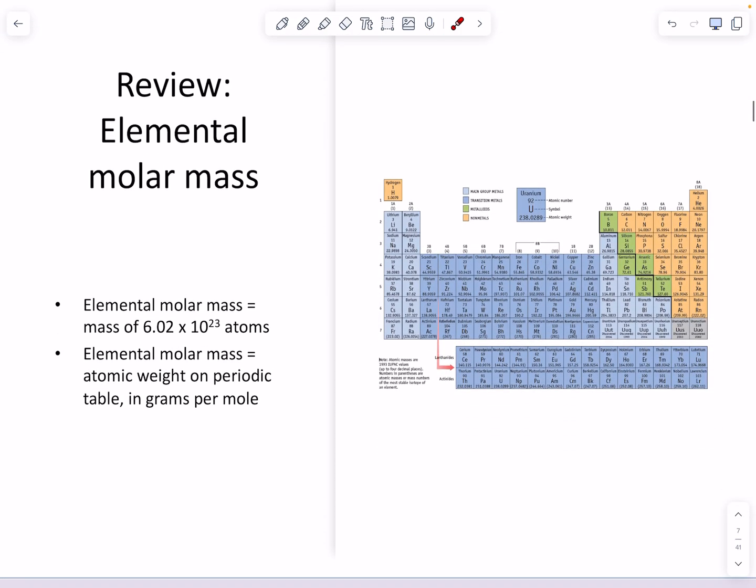All right, so again, this is reviewing things you already know. The molar mass is what's listed as the atomic weight on the periodic table. So this is the molar mass, and it's in units of grams per mole. And you had to use this a lot in lab this week.